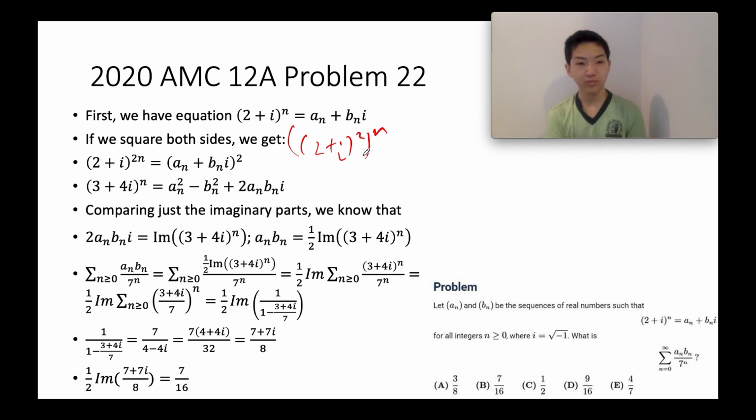Then we can also expand this, so that's a sub n squared minus b sub n squared plus 2 a sub n b sub n i. You can just expand it. If you want to use FOIL, you can, or if you remember the formula for expansion of a binomial squared, you can also use that.